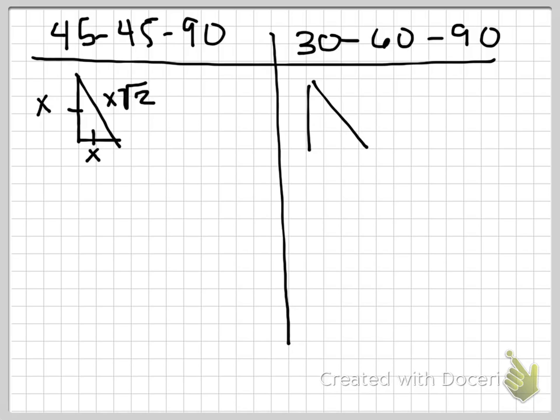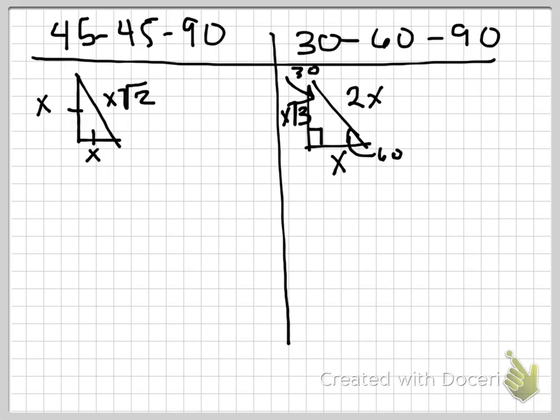Okay, so 30, 60, 90. So this is 60. That's 30. Okay, so this picture is x, 2x, and x times the square root of 3.